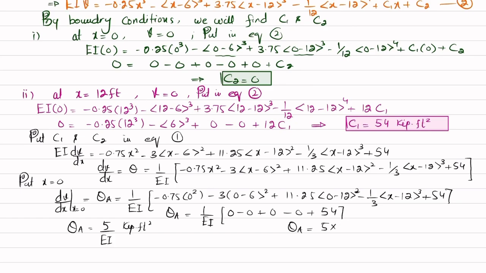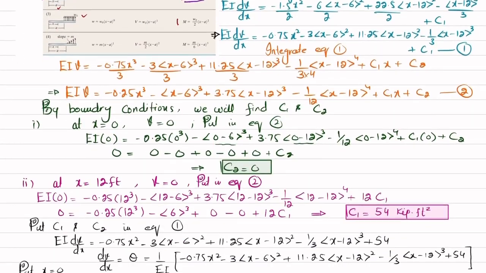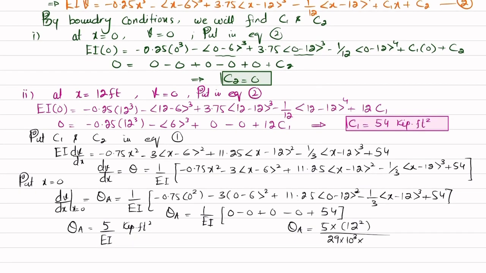So 1 feet is 12 inch. So 12 power 2 divided by E, which was 29 into 10 to the power 3 ksi, into 204.